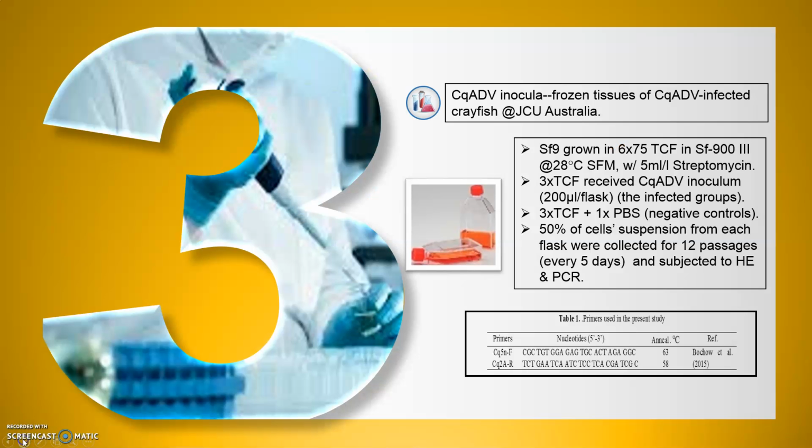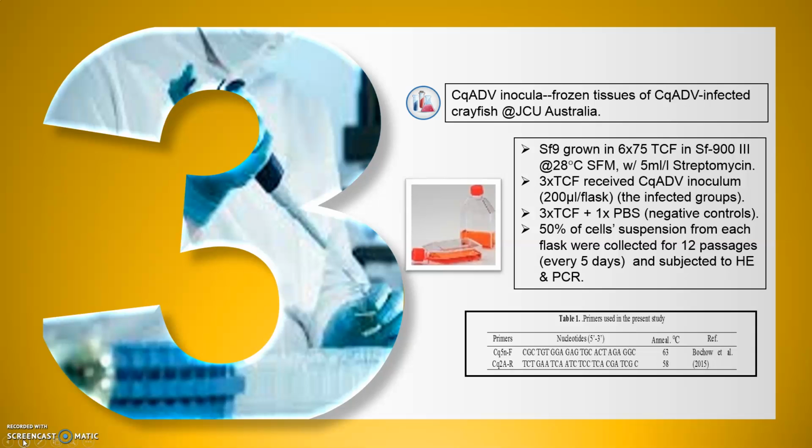Now, let's move on to the materials and methods that we used in this study. First, we collected the CqADV inocula from frozen tissues of CqADV-infected crayfish at James Cook University, Australia. And then we grew the SF9 cell culture in 75 tissue cell flasks.